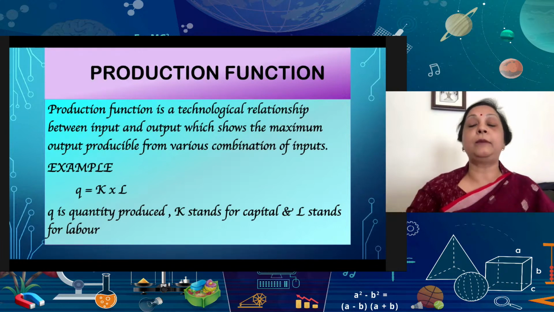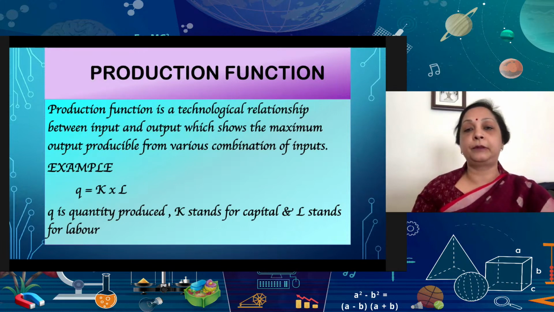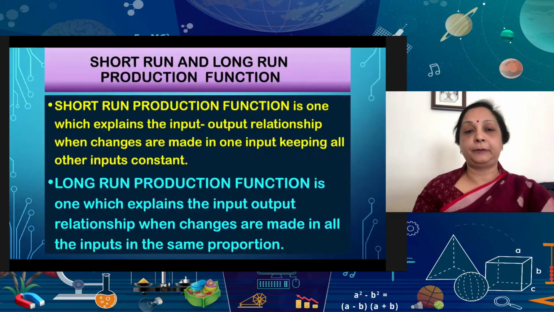So if they work most efficiently, then they can reach the maximum level of production. So a production function is a technological relationship between input and output, which shows the maximum output producible from various combinations of input. Now, production function can be of 2 types: short-run production function and long-run production function.